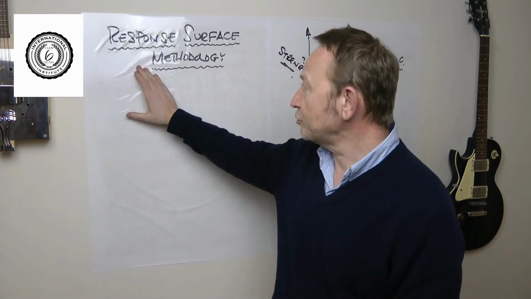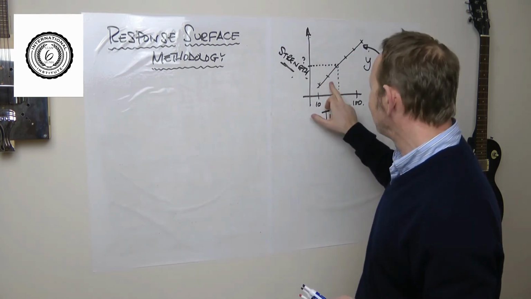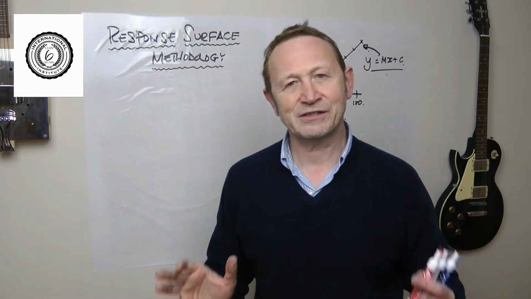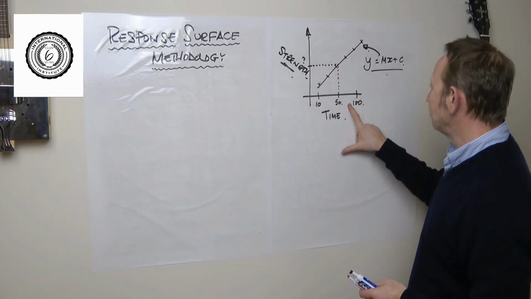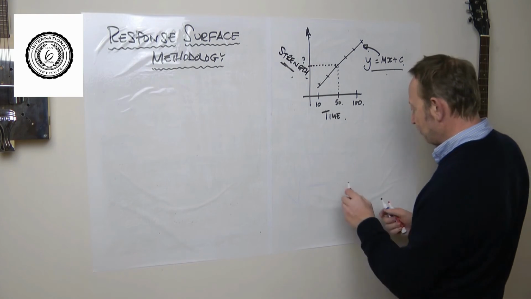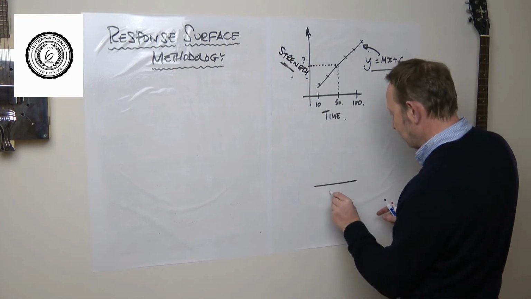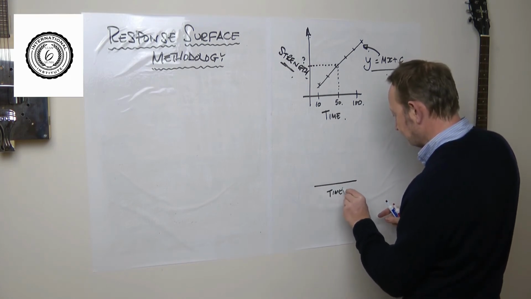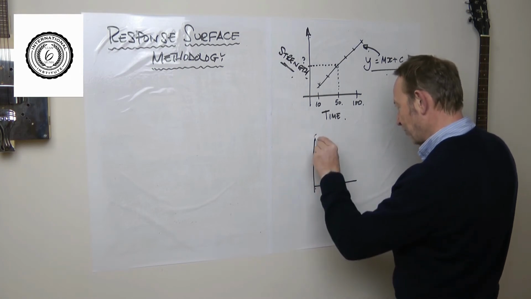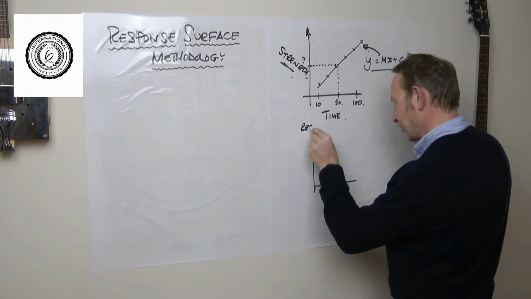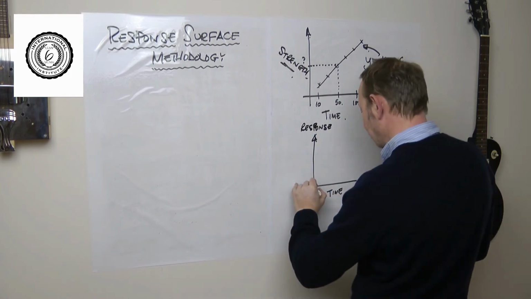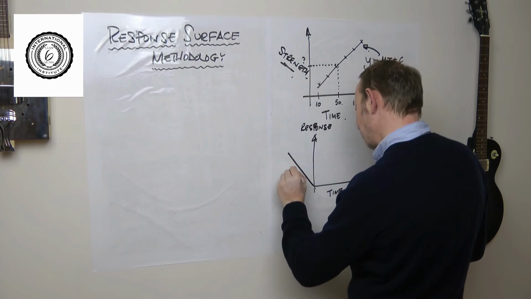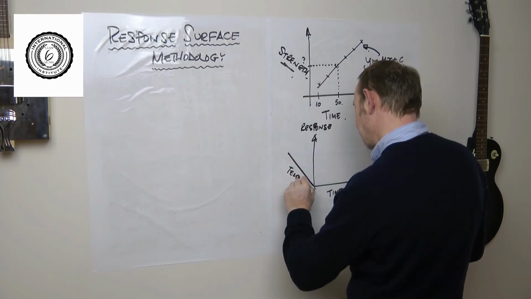And the response surface is essentially the same thing, except it's not two-dimensional, it's three-dimensional. Because if I were to test time in this direction, there's the response going in that direction, time in that direction, but we've also got temperature in this direction.